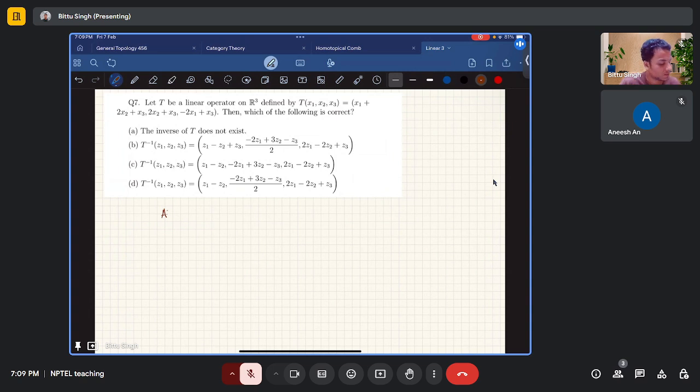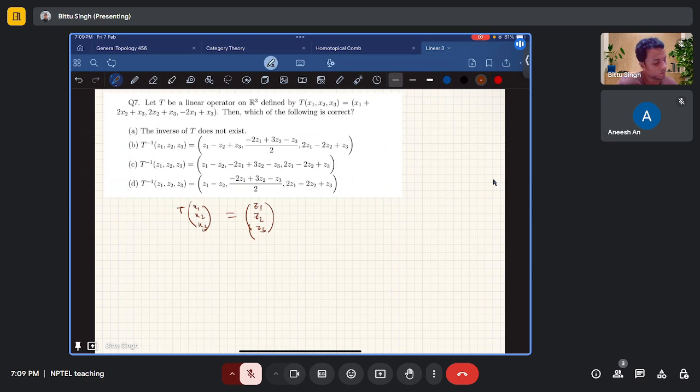T inverse exists means that if we apply T on some vector, for example x1, x2, x3, this will give me z1, z2, z3.